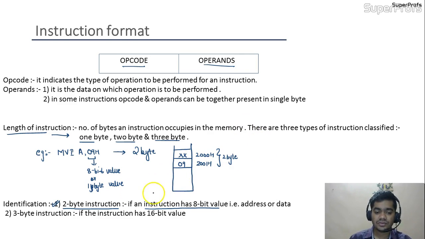Now the second point is for the 3 byte instruction.